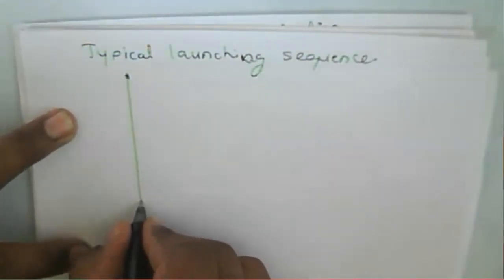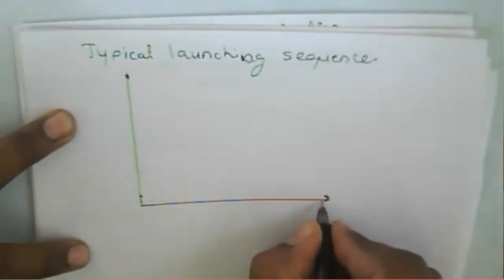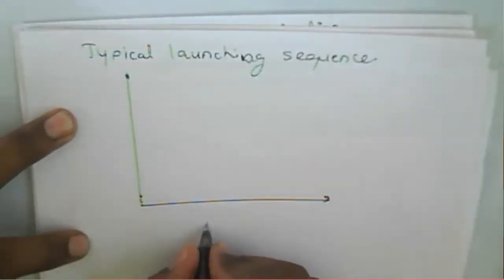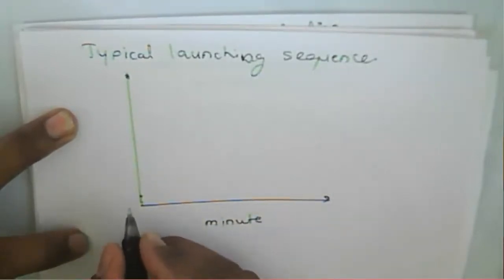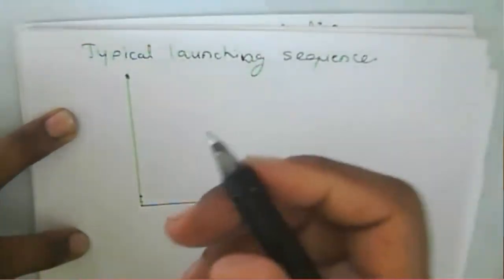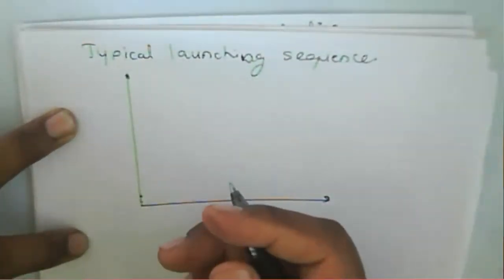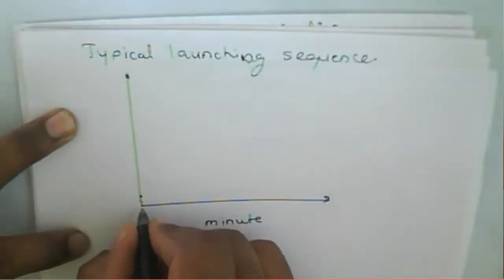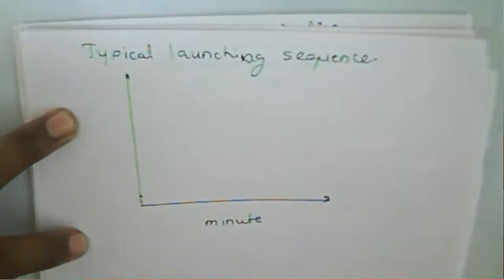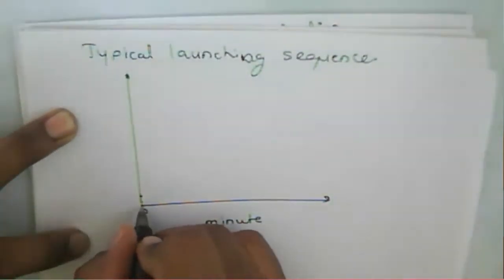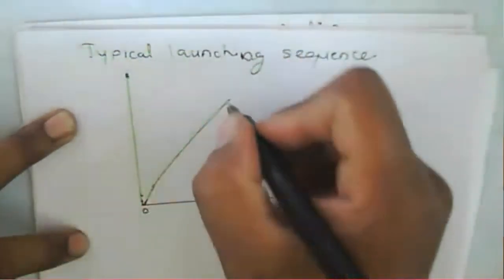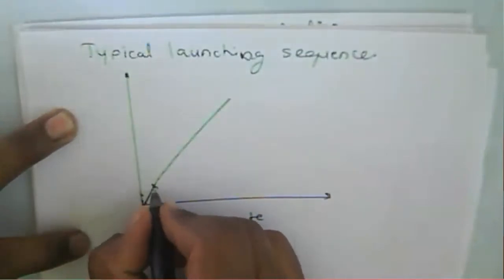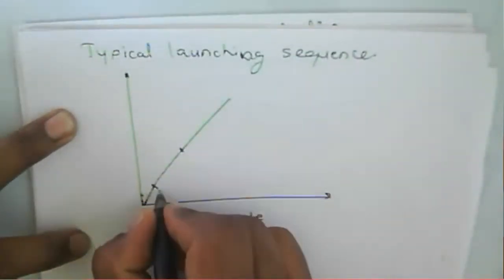So we consider here how much time is taken by this particular satellite to be launched, whatever the sequence we are using for launching the vehicle. Right now I will try one diagram. This is about 0 minutes, we can say one. Just draw here one.